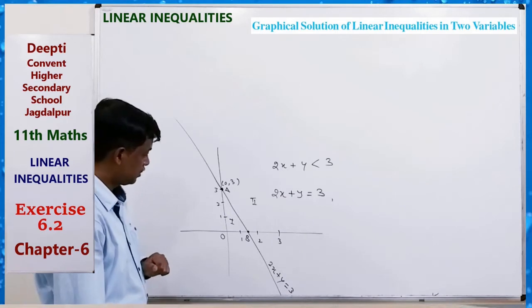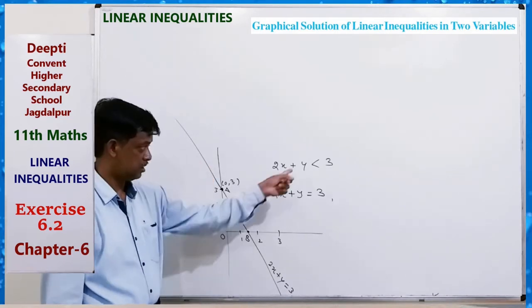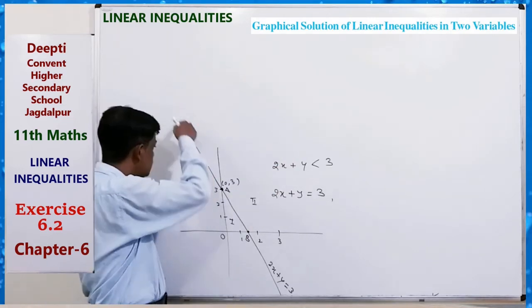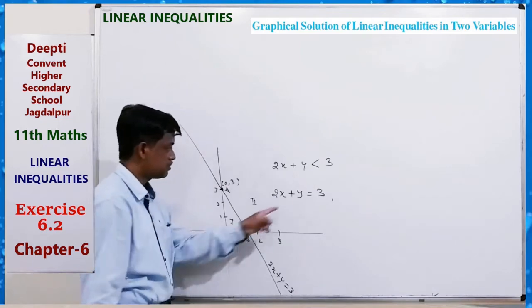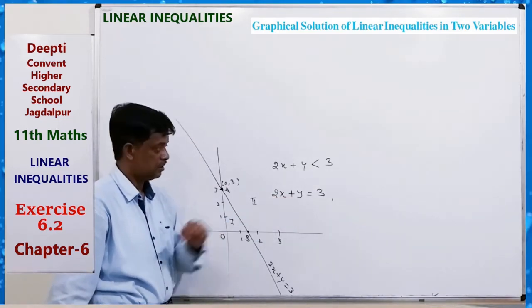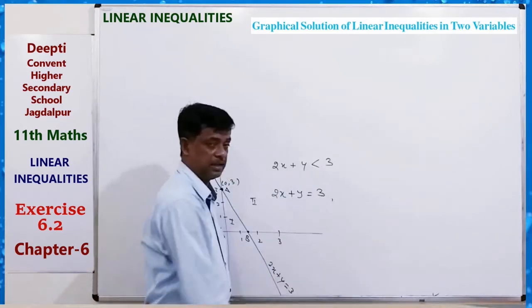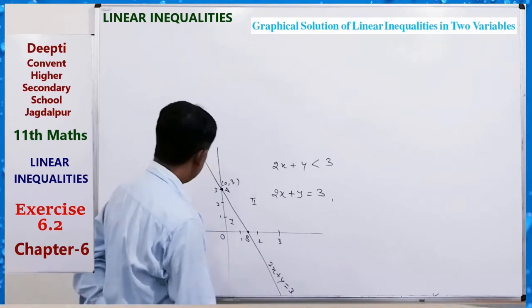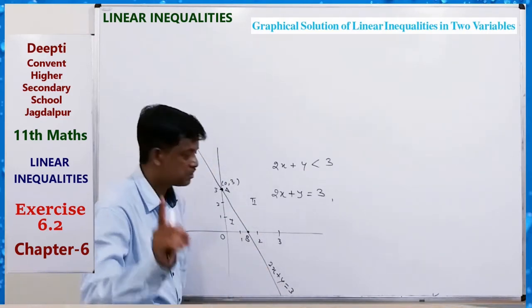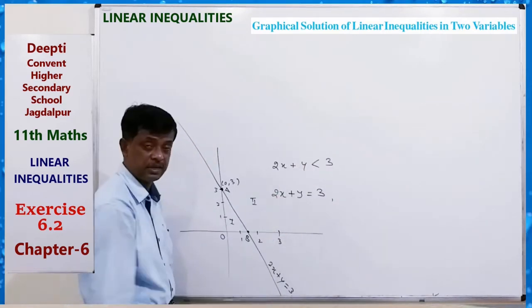Now, for finding its solution, all the points on this line satisfy this equation. But if there is only a less than sign, then the points on this line do not satisfy it, because there is no equal sign.